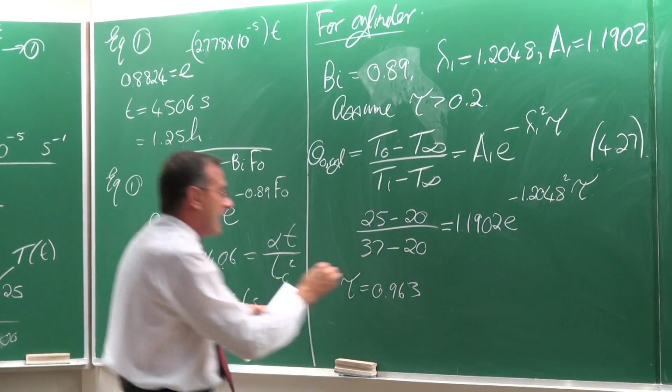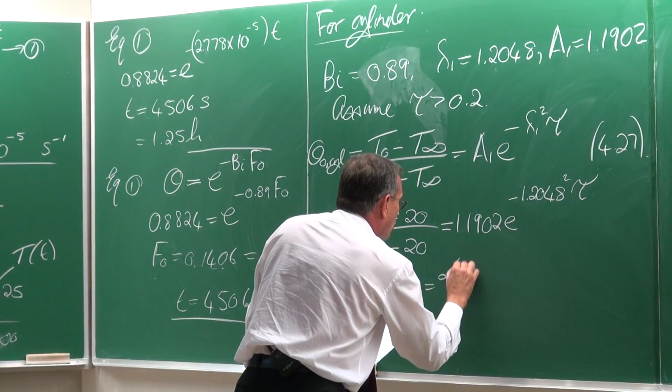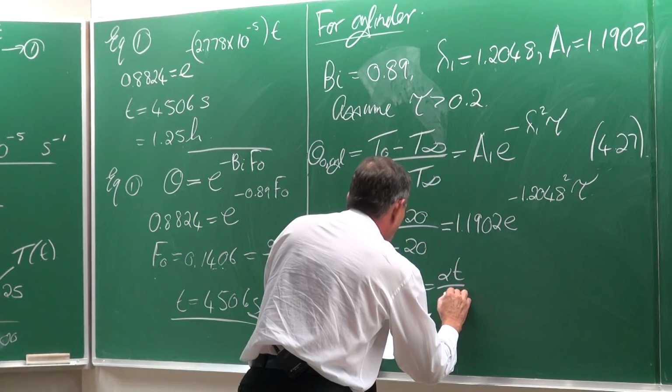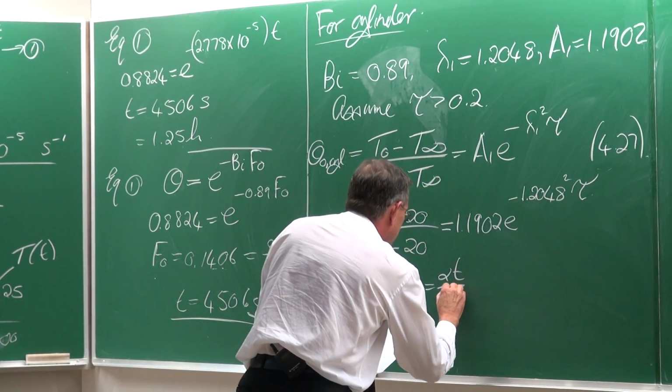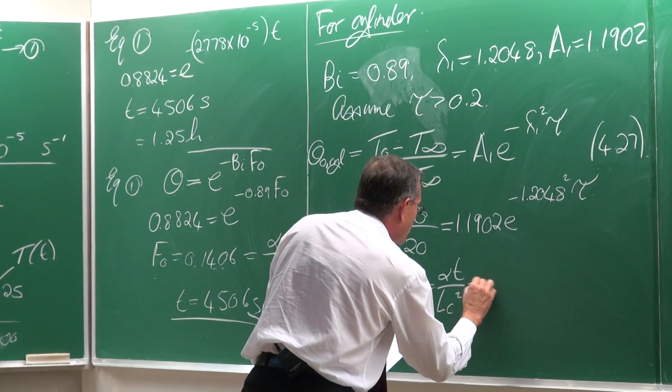Okay. And that is equal to alpha t divided by Lc squared.